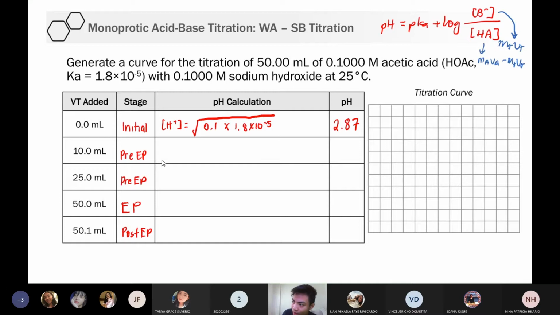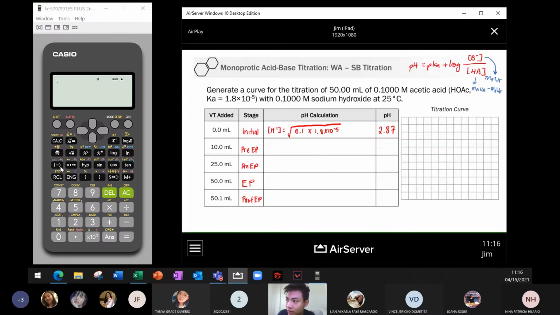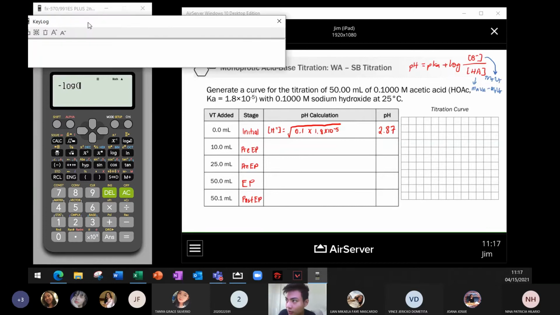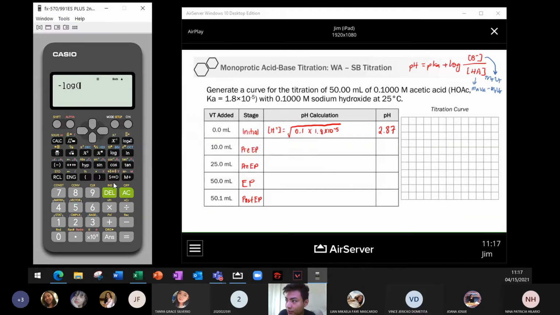Ayan, plug in natin yan dito sa 10 ml and 25 ml. Okay? Sulat ko muna para alam niyo yung pipindutin niyo sa calcu. By the way, pKa. Ano pag pKa? Negative log ng Ka. Di ba? So negative log. Lagay ko dito yung keylog ko para alam niyo yung pinipindot ko. Ayan.